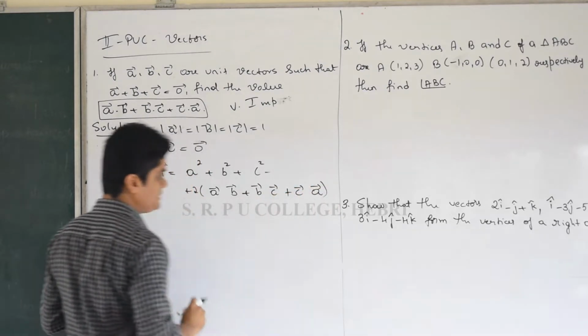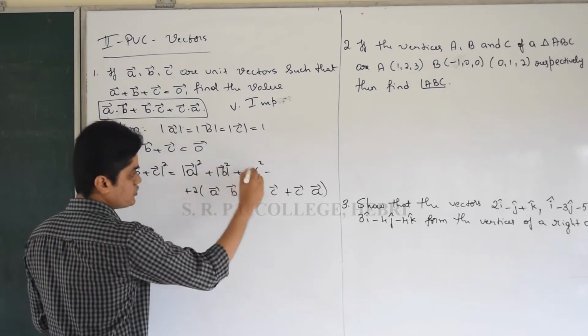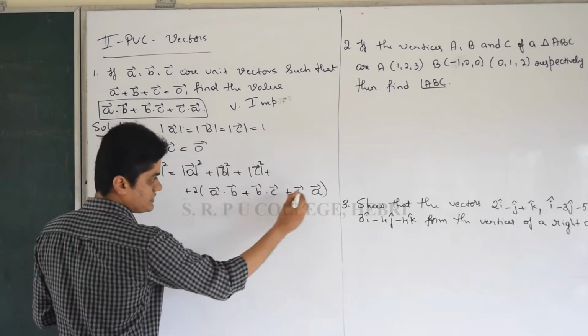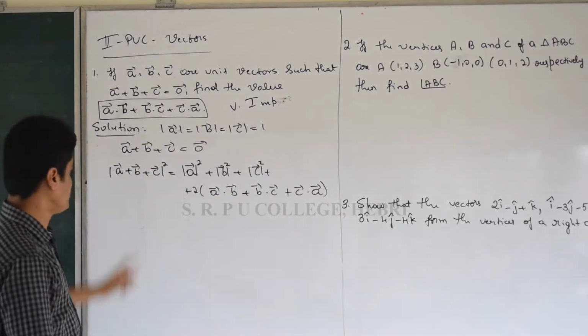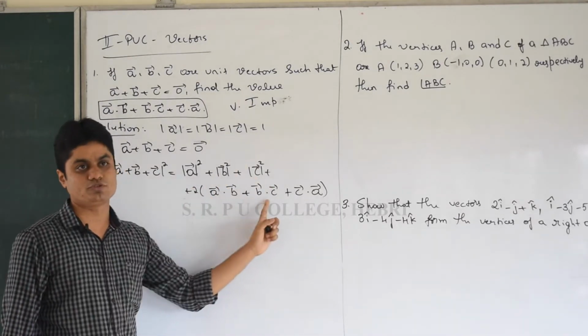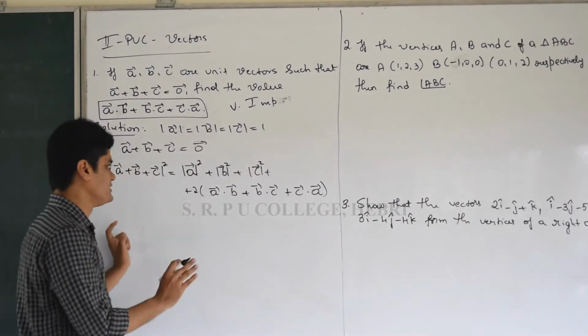Now instead of simple numbers, here we have vectors. Squaring means you have to square their magnitude. It's not simple multiplication, it's dot. So A plus B plus C whole square is A square plus B square plus C square plus 2AB plus 2BC plus 2CA. Remember from algebra? So it's the same result.